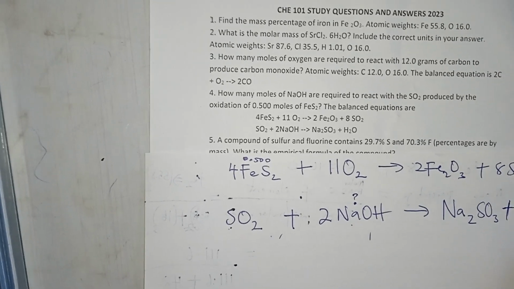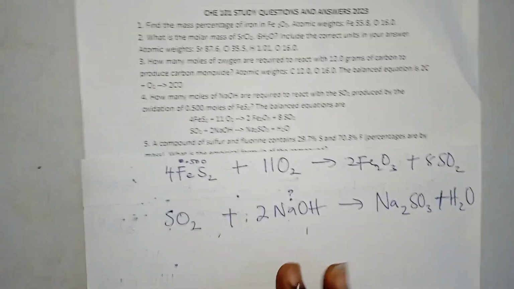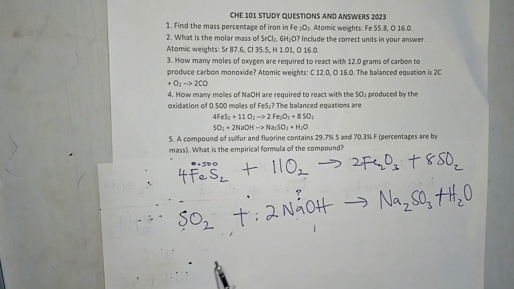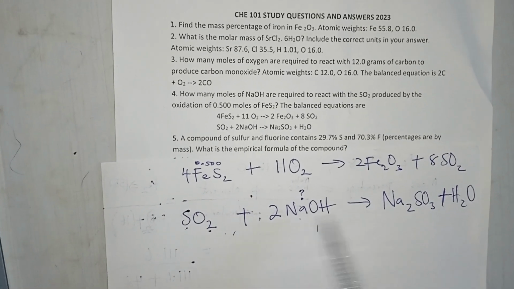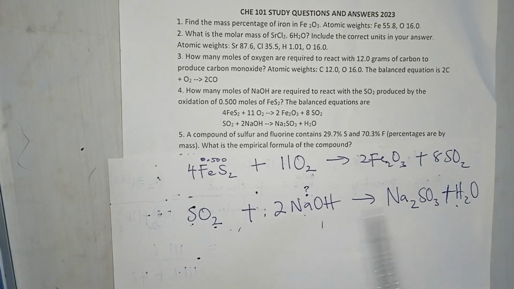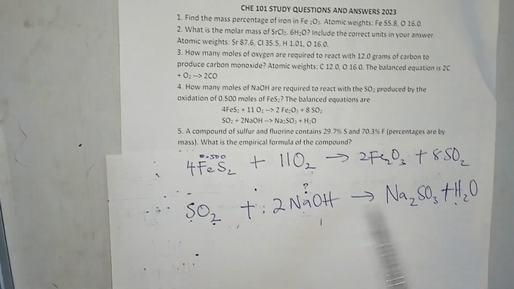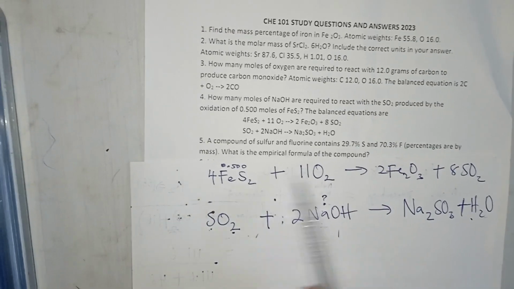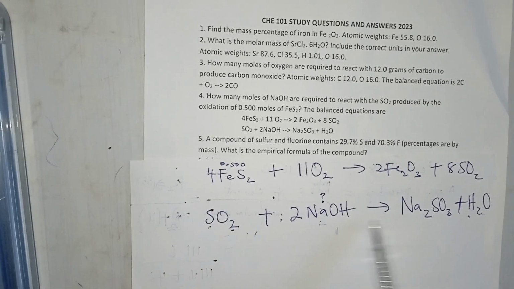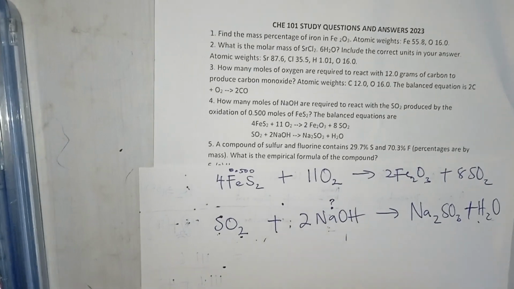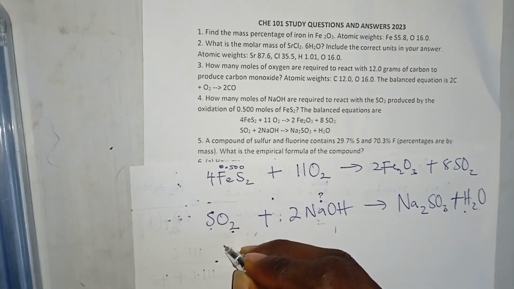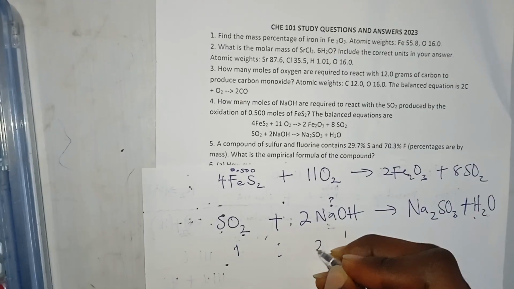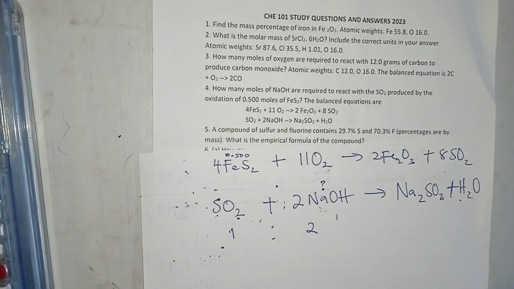Now if that is the case, I will come to my equation. Stoichiometry is defined as the relationship between reactants and products in a chemical reaction. So these are my reactants, these are my products in this equation. Since this one oxidized and they are asking me how many moles of this will react with this, it's simple for me to check the ratio. The stoichiometric ratio of this is 1:2. Are you understanding it?